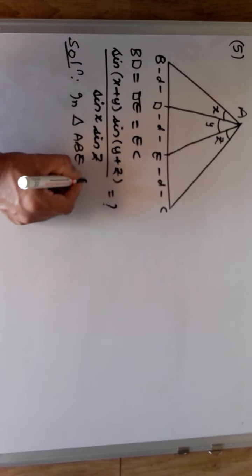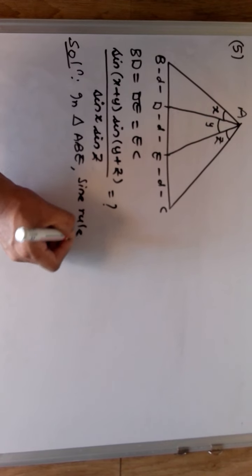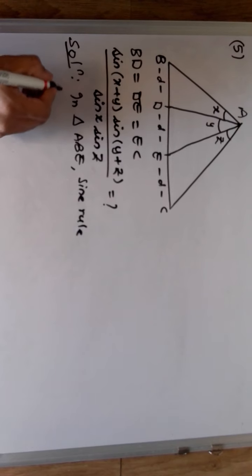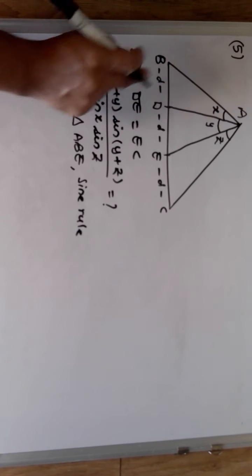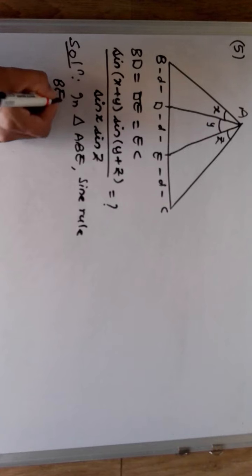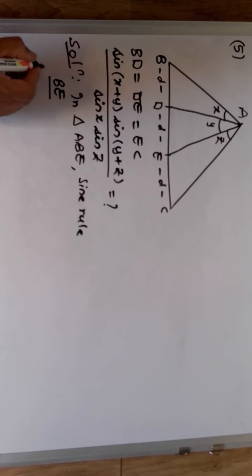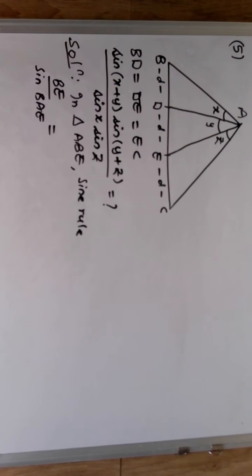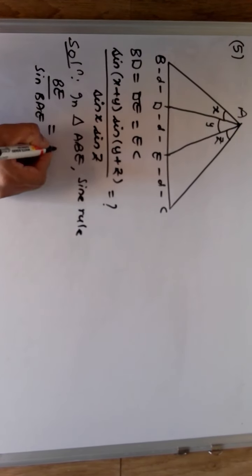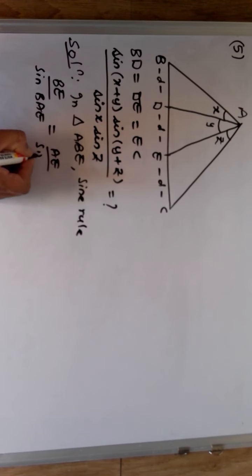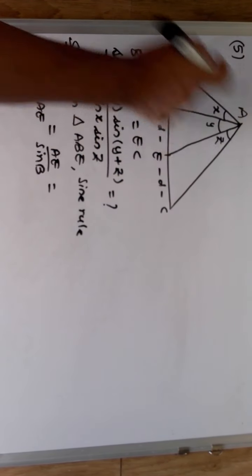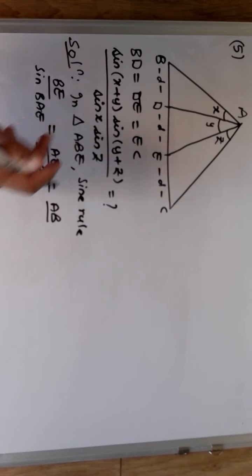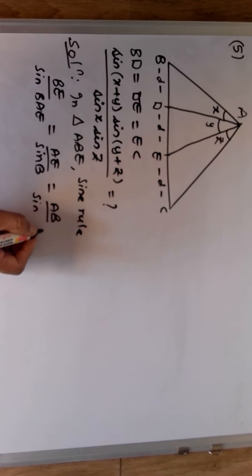By the sine rule I will get BE upon sine of angle BAE is equal to AE upon sine of angle B, which is equal to AB upon sine of angle AEB.